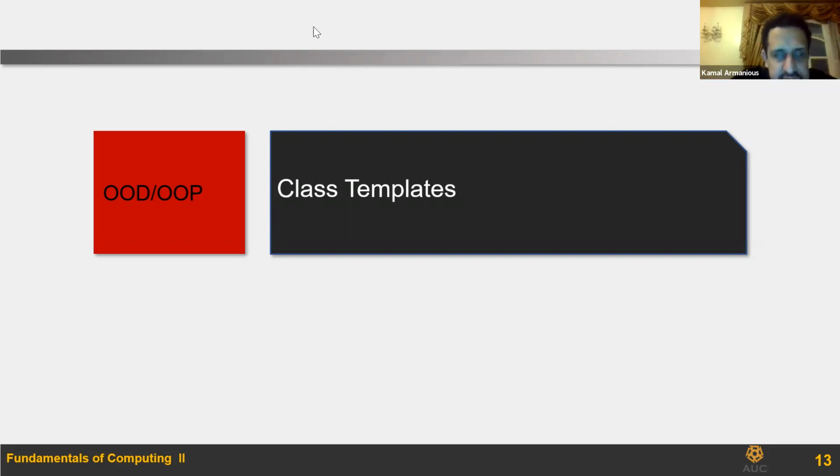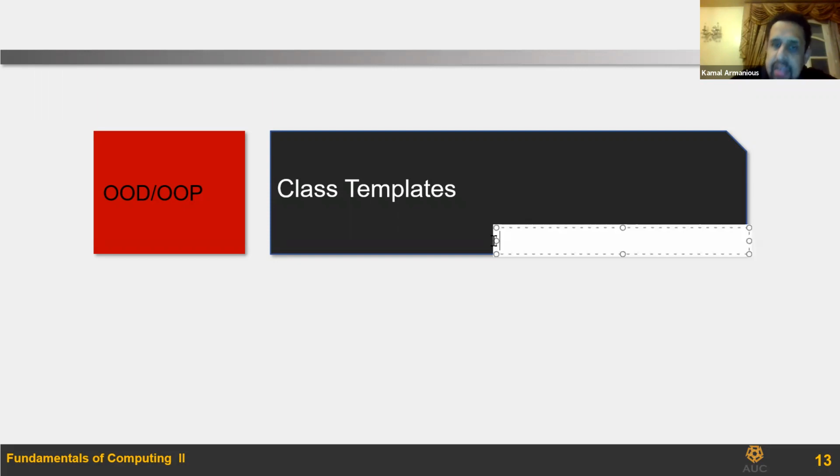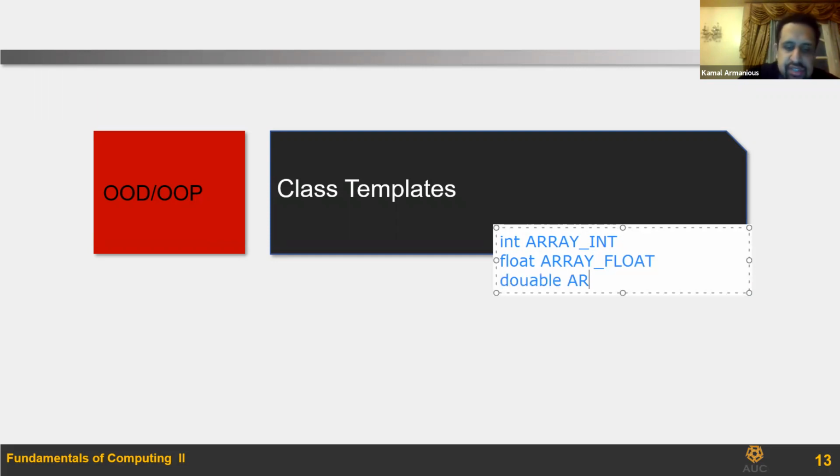I will give you an example about this. This is the first array, let's call it array of int. This is the second array, array of float. And this is a third array based on double, an array of double.